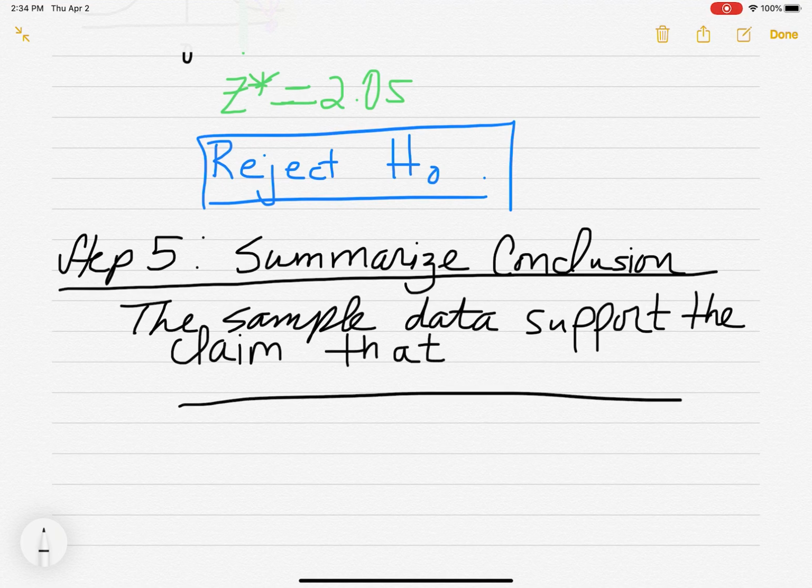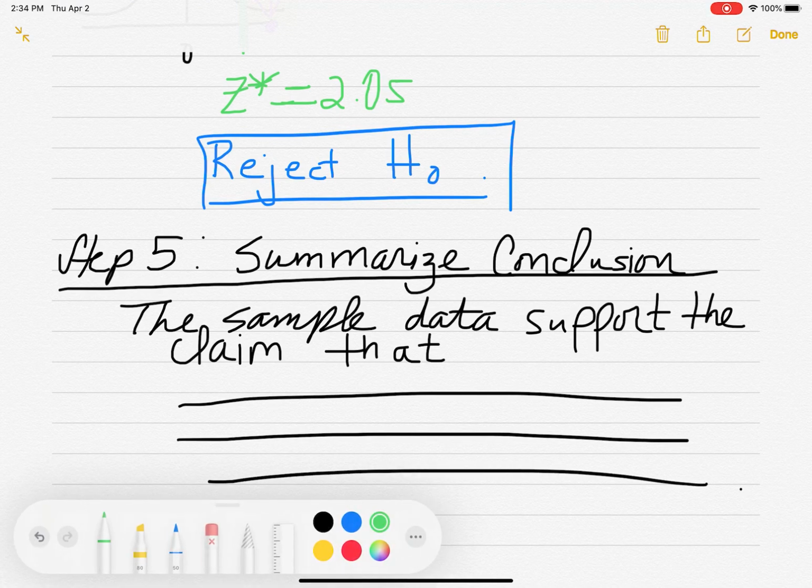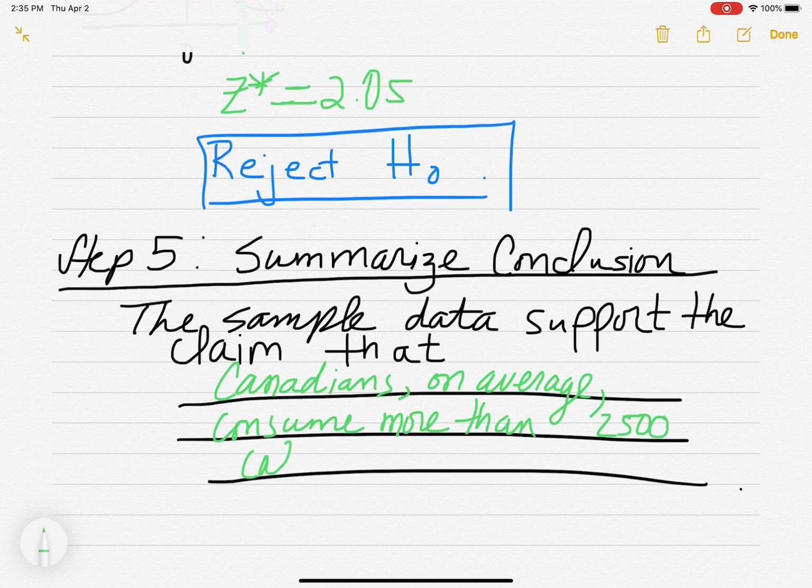You fill in the claim. The psychologist's claim that Canadians, on average, consume more than 2,500 calories each day.